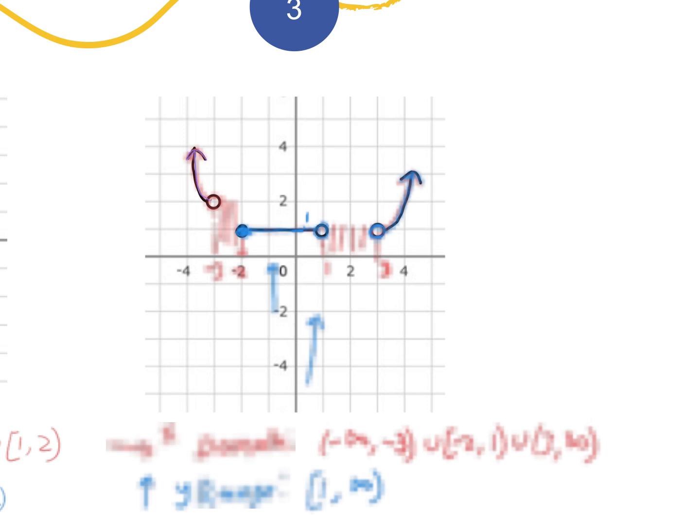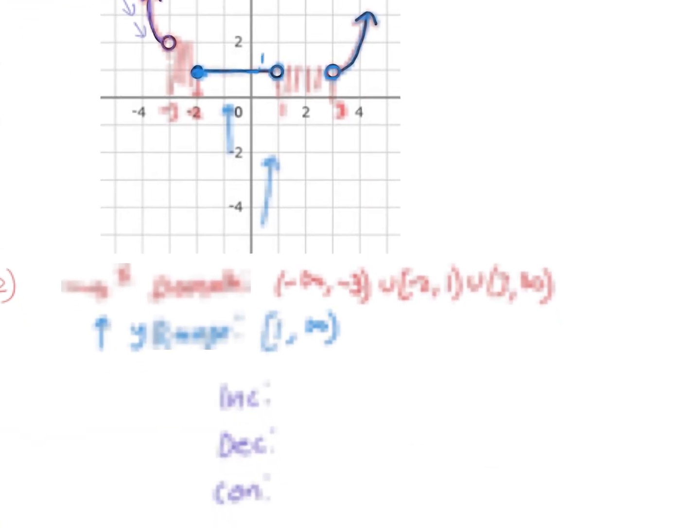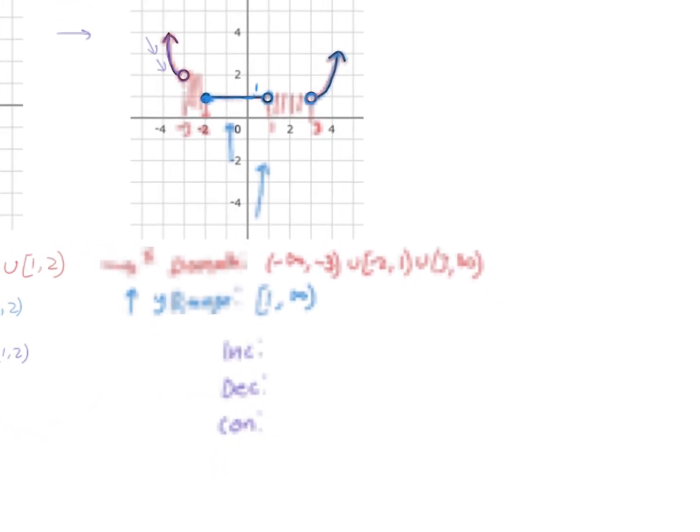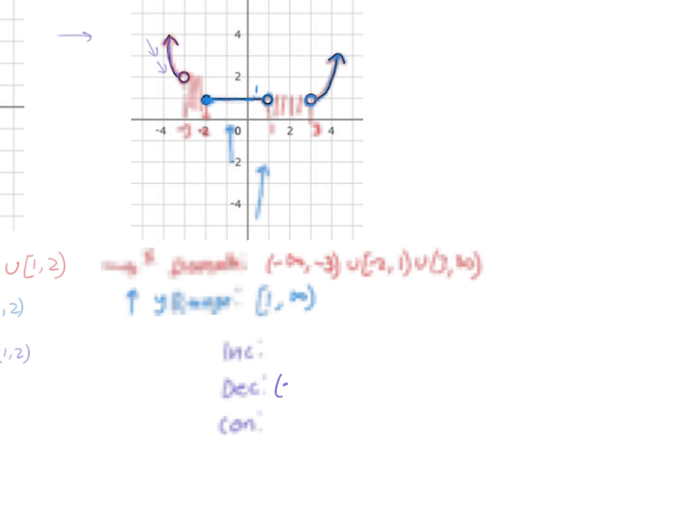Just because you see an arrow pointing up doesn't mean you are increasing, because you're looking at your behavior from left to right. On this piece of our function, we're actually going down from left to right until we reach this open circle right here. So we're decreasing from negative infinity to -3.